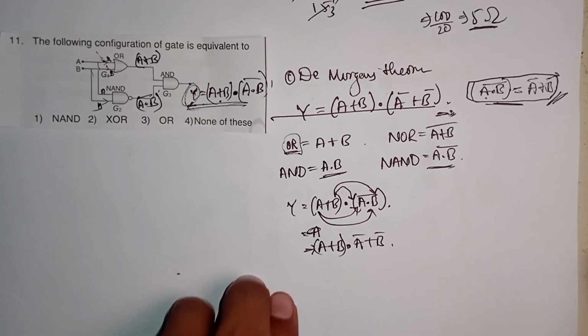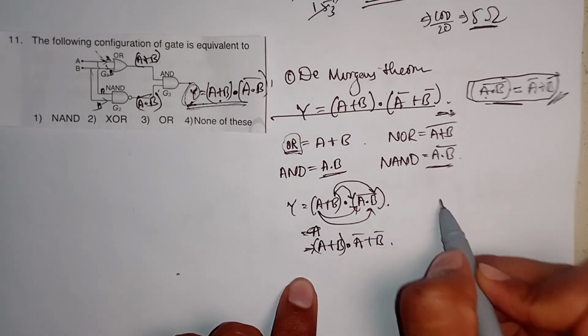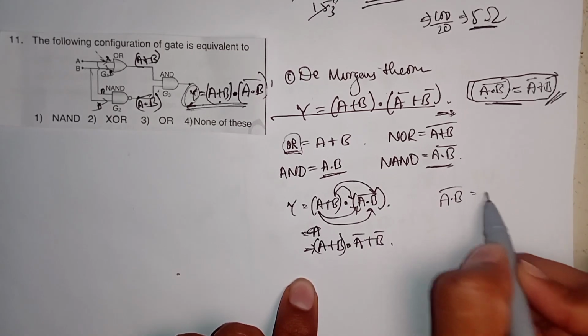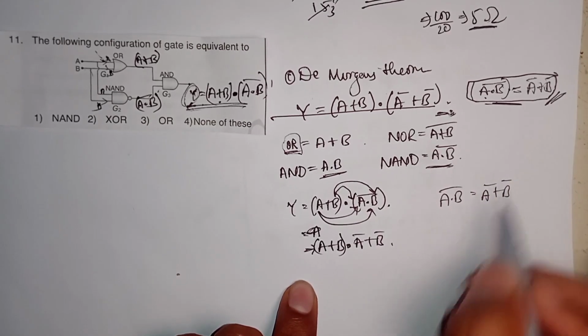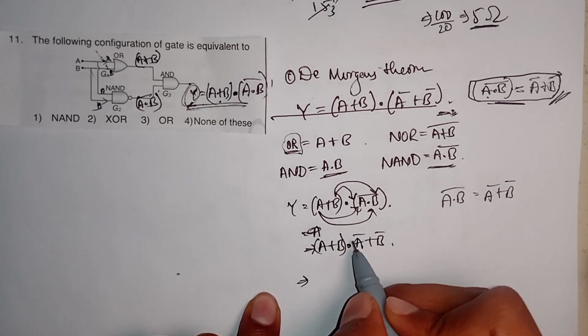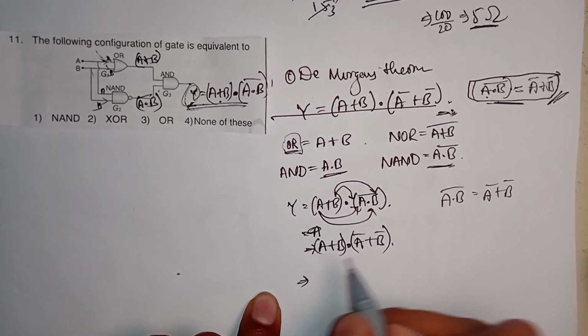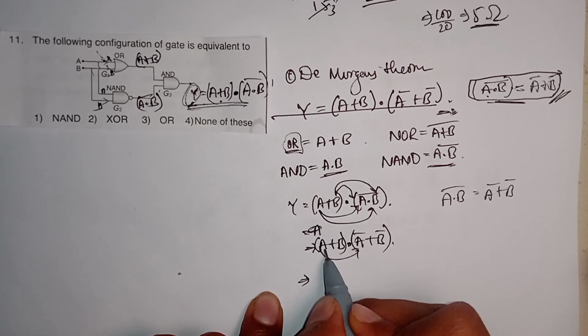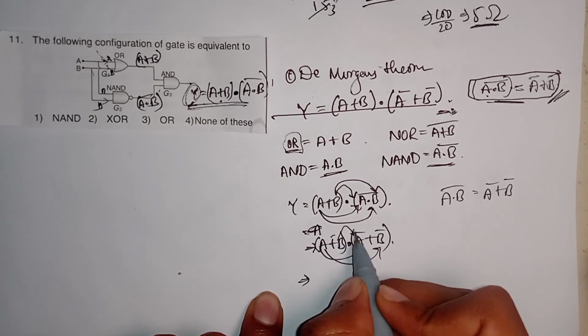This is basic, that is De Morgan's theorem only. We have to remember this and apply it. Firstly, (A plus B) dot (A dot B) whole bar is given. From De Morgan's theorem, (A dot B) whole bar is equal to A bar plus B bar. So we can write this as (A plus B) dot (A bar plus B bar), so we got this type of equation. Then we have to multiply this to this, like this.